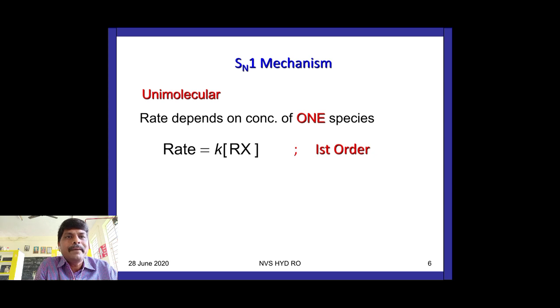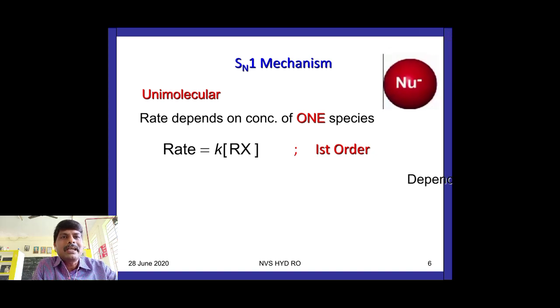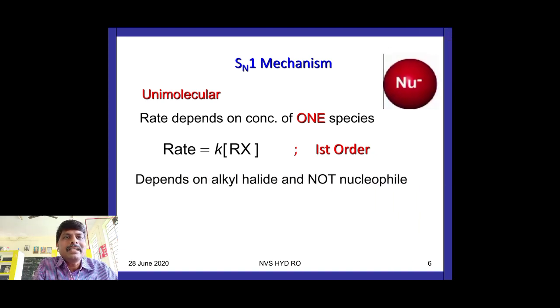This is the main difference between SN1 and SN2. In an SN1 reaction, the rate is equal to k times the concentration of RX, that means the concentration of alkyl halide. What is the power of RX? 1. So it is a first order reaction, and its molecularity is also 1.